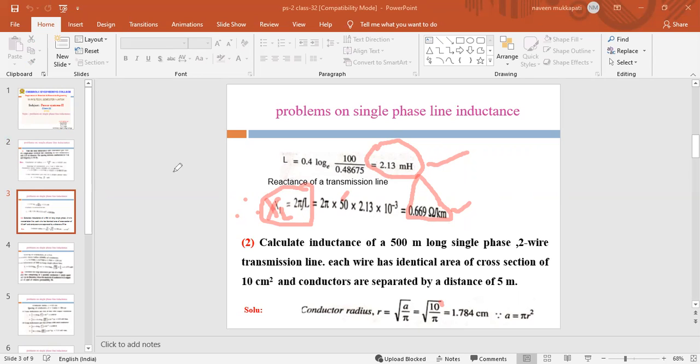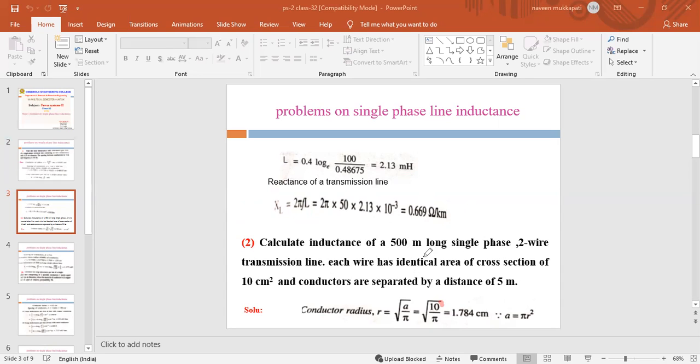Okay, next, coming to the second problem. Calculate the inductance of a 500 meters long single phase 2-wire transmission line.